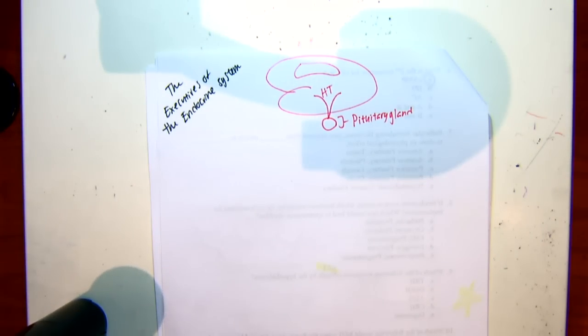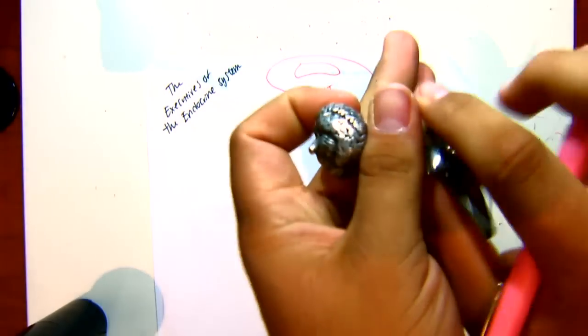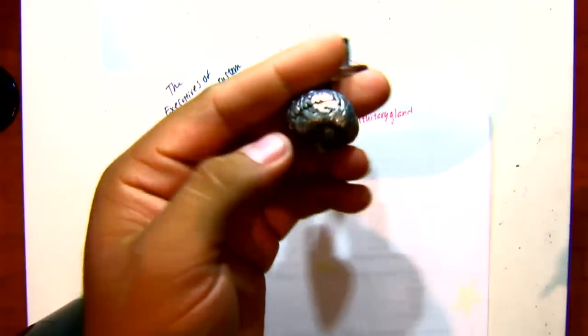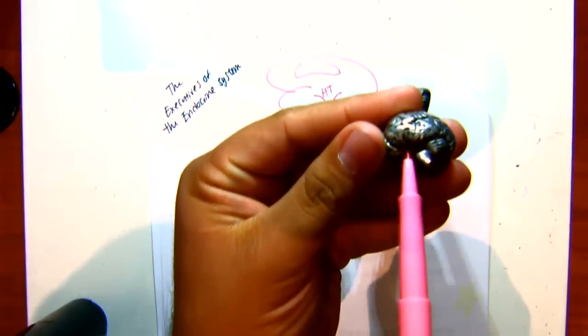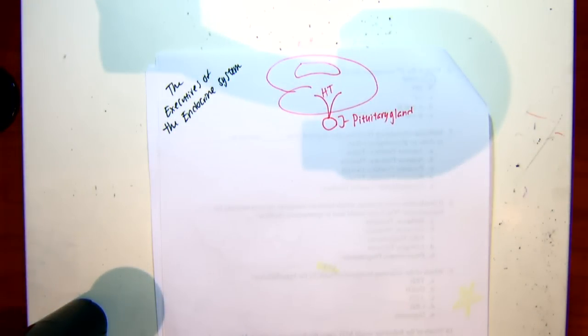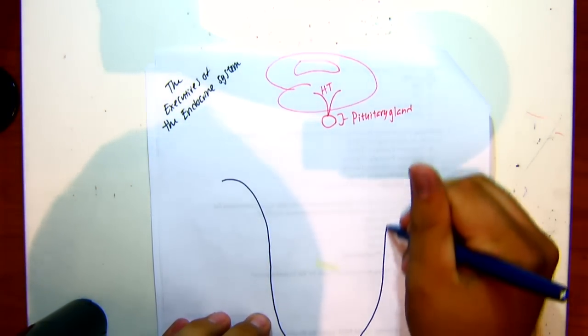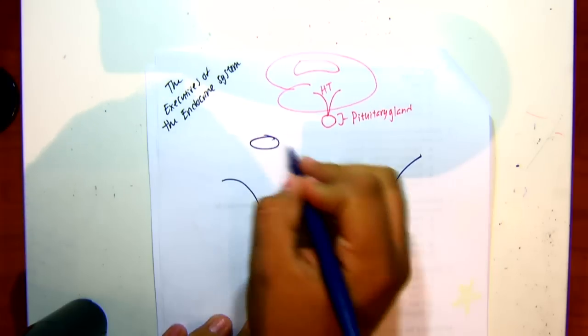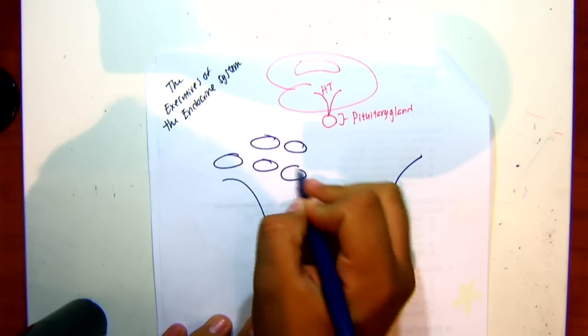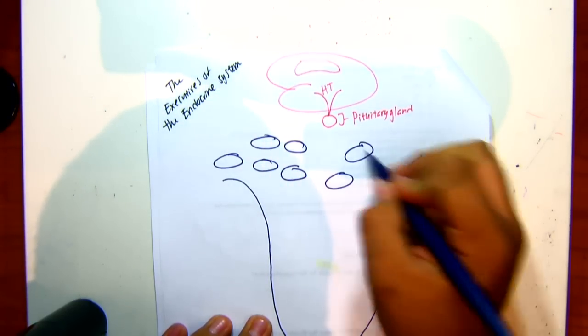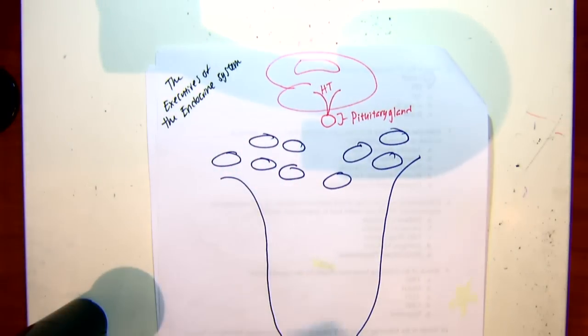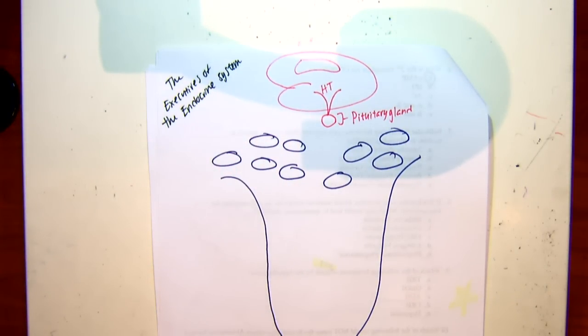Here's your brain, so it would be somewhere in here. So that's our pituitary system.